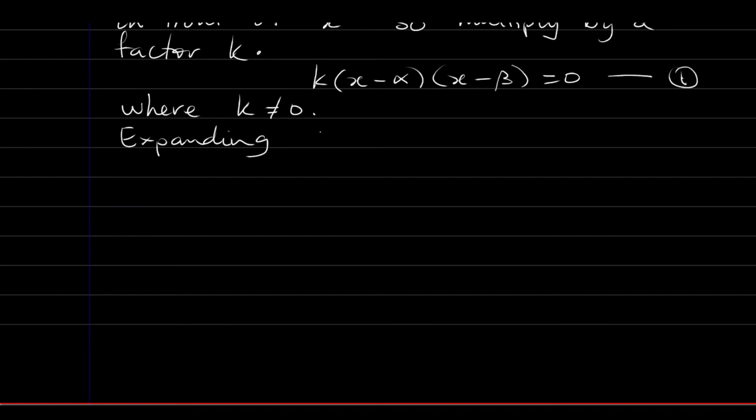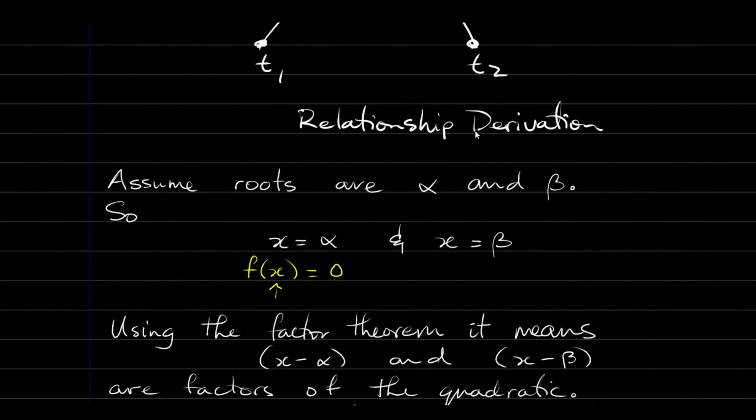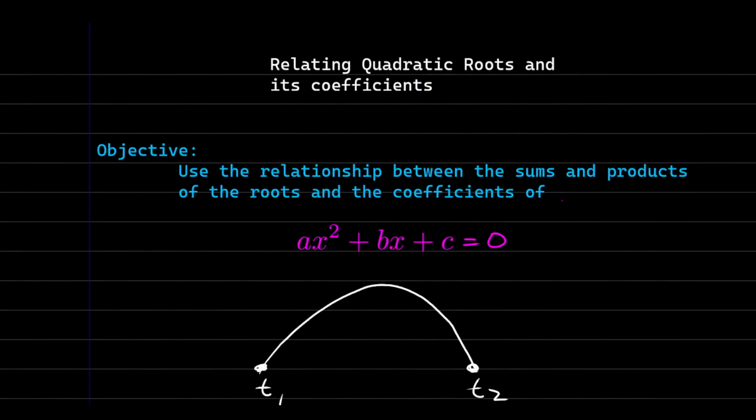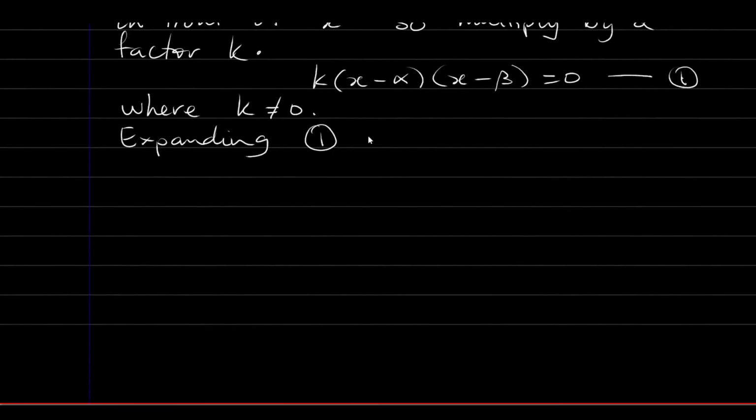So expanding 1, we say that k is here, and this piece inside of here is going to give me x squared minus alpha x minus beta x plus alpha beta, close bracket, equal to 0.